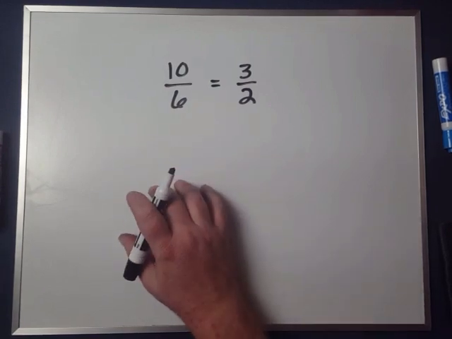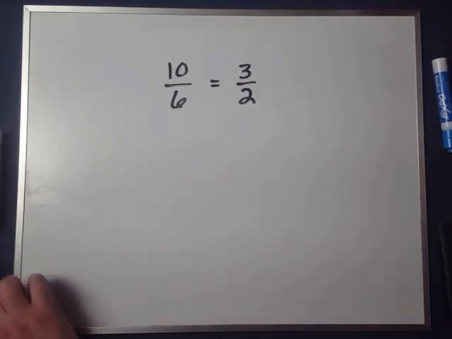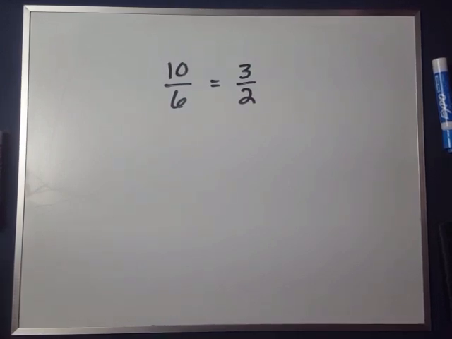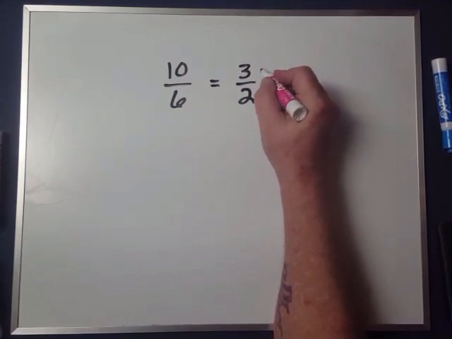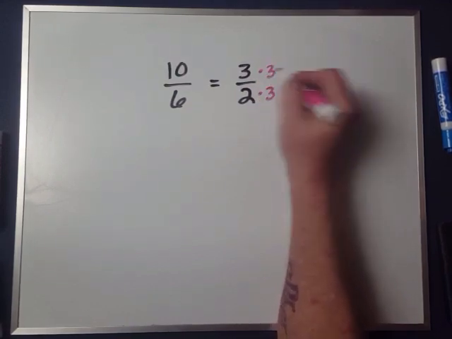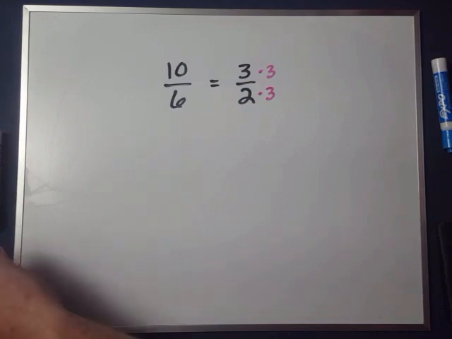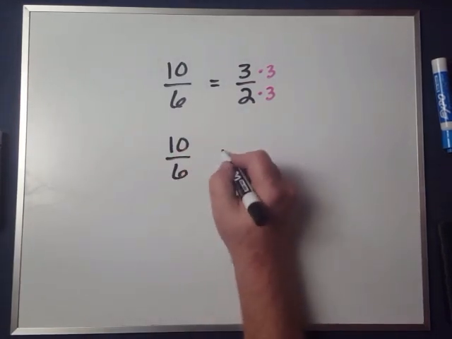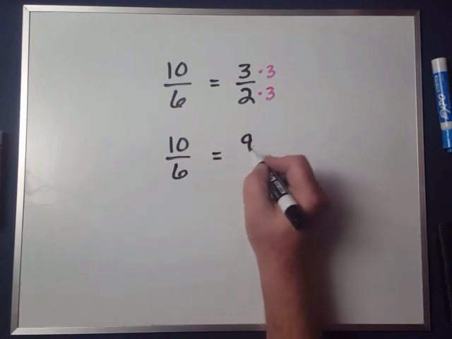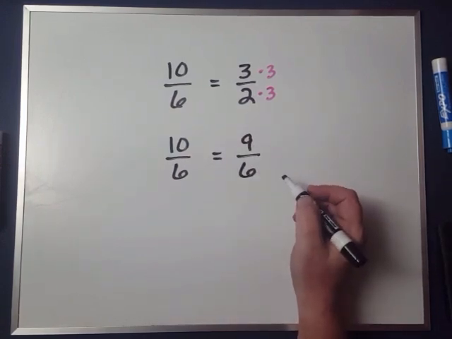But strictly speaking, in order to compare fractions, they need to have the same denominator. And so I need a common denominator here, which would be 6. So what I'm really asking is, is it true that 10/6 is equal to 9/6?